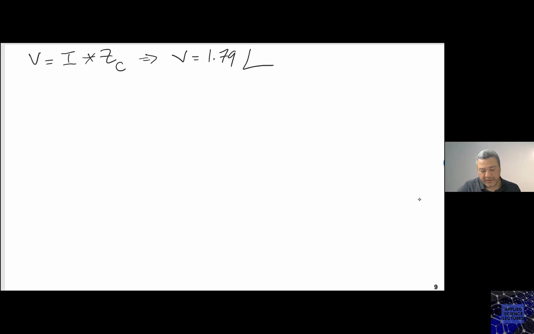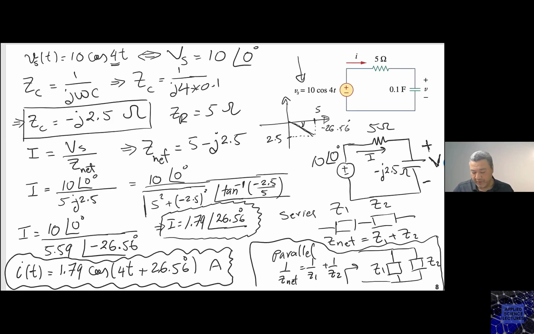1.79 at 26.56 degrees times how much was the capacitor in polar? Now remember the capacitor in polar would be 2.5 at minus 90 degrees right away, right? Because there is no real part. It's a simpler representation of rectangular that has a real part of zero.